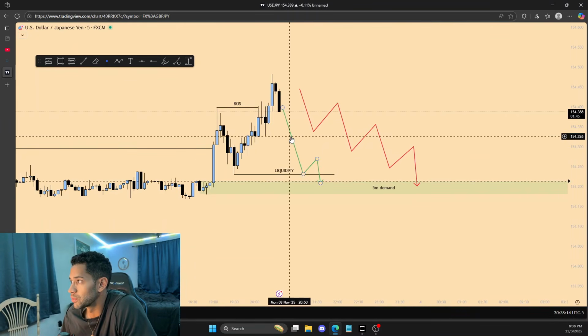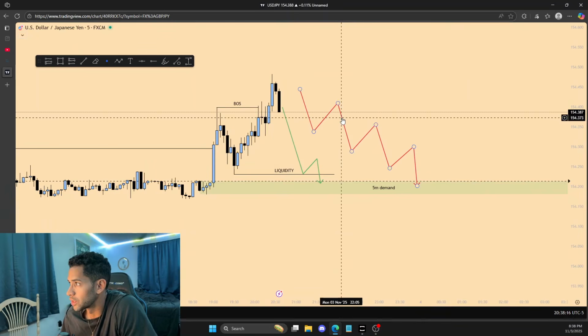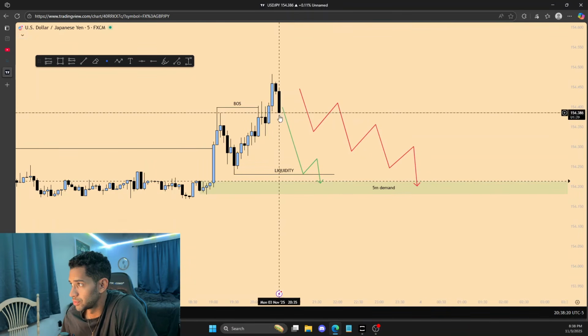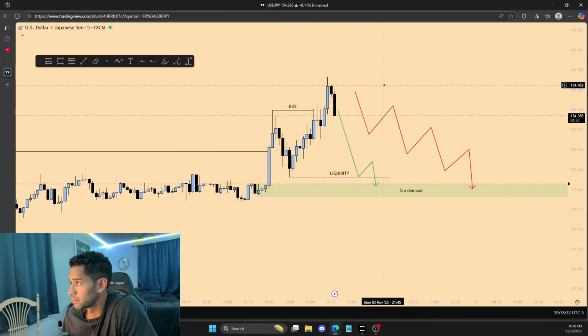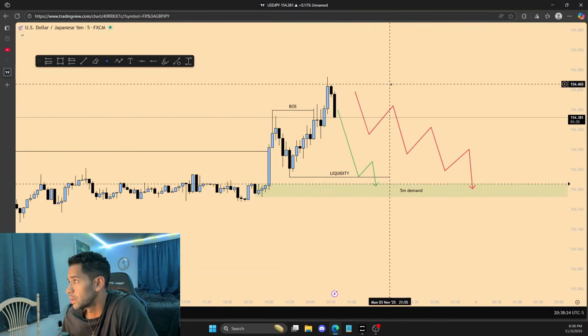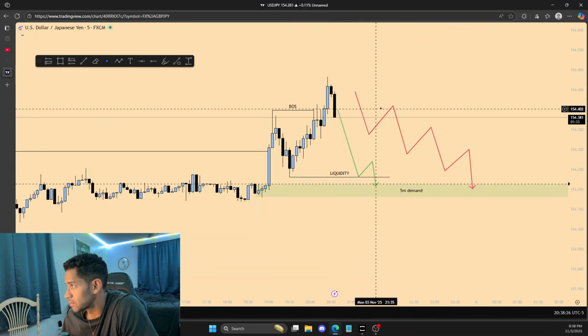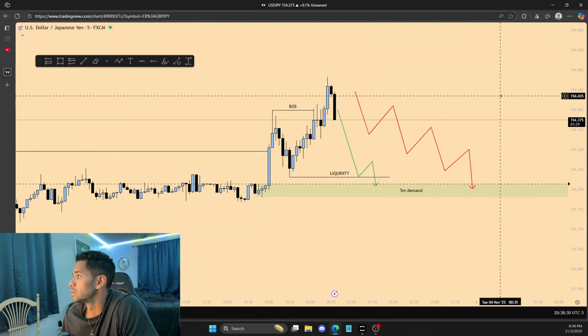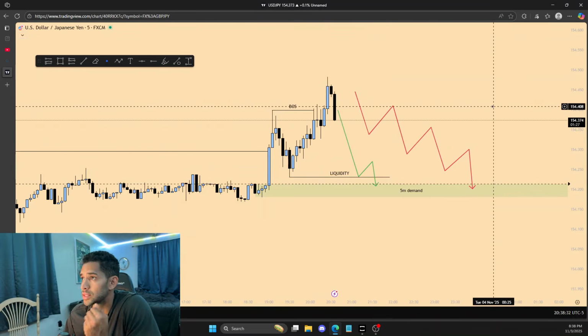But yeah, so this is what we're looking for. Red, we will not take. If price looks like it's coming down aggressively, that's great. If it kind of comes down like I drew out here and makes these lower lows and lower highs, we're not going to take it, right? So, but yeah, this is the setup for this week.